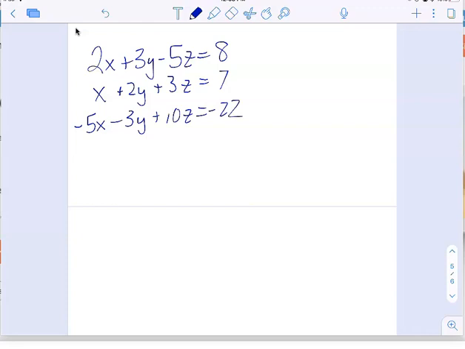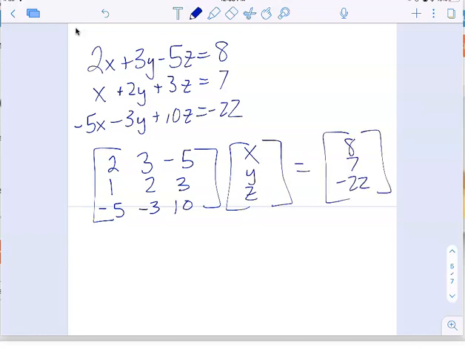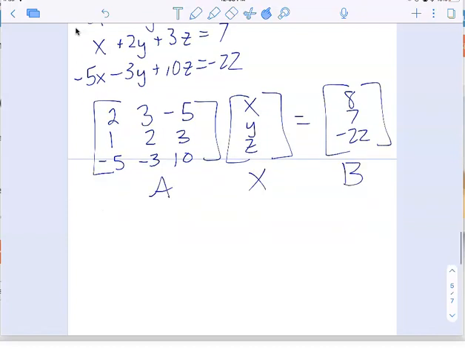This to solve by hand is such a mess, but it's so nice on matrices because we just take those coefficients, 2, 3, negative 5, 1, 2, 3, negative 5, negative 3, 10, x, y, and z, 8, 7, negative 22. So this is our A, X, and B.